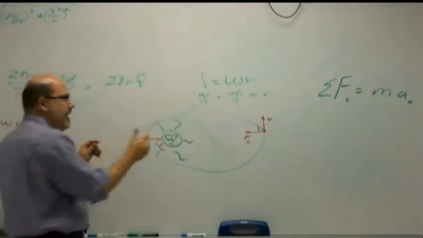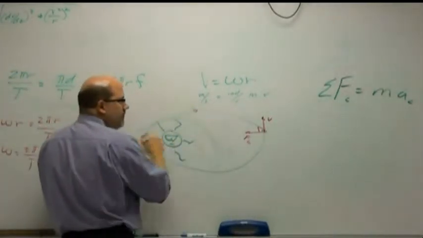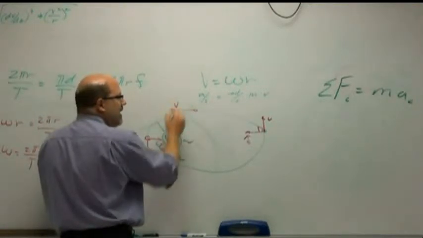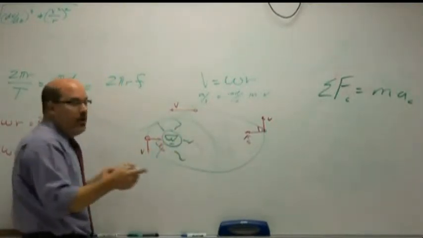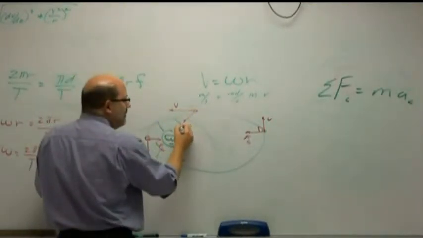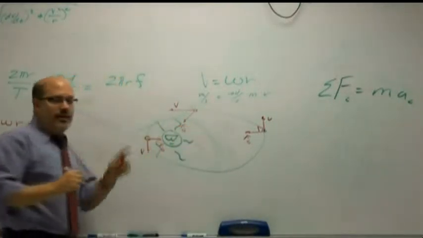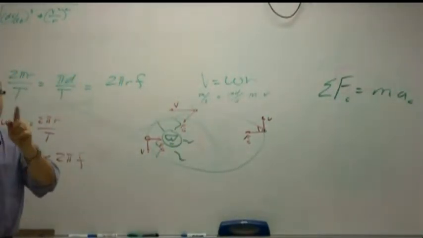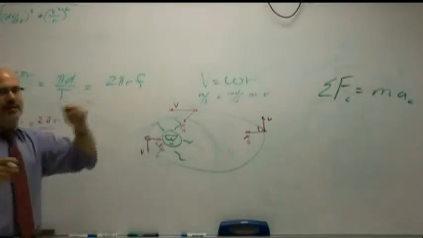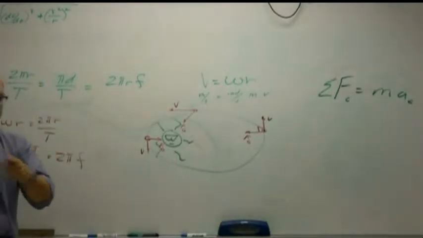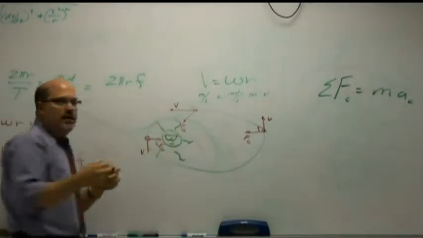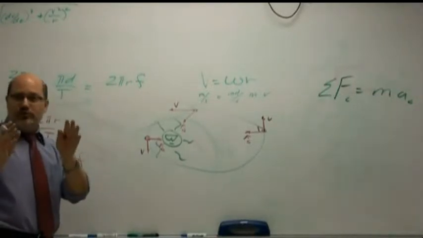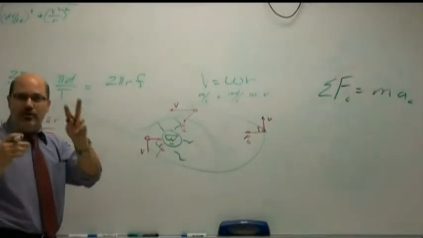All right, now right here, velocity is this way, tangent to the path. The force of gravity is this way. Now, what did I say is always perpendicular to velocity? That's the centripetal acceleration, right? This force of gravity is the net force, which causes our two types of acceleration.